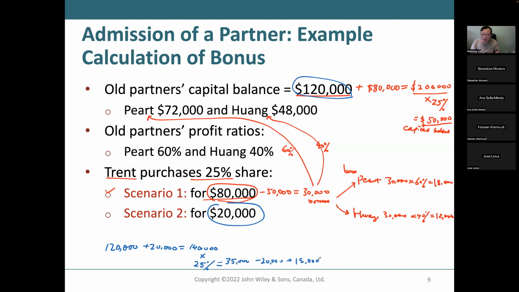But if the partnership is not that attractive, or maybe the new partner has some special talent, the old partners really want to retain him, so they have to give him a bonus. So that $15,000 comes 60% from Pert, 40% from Huang. Does this make sense?